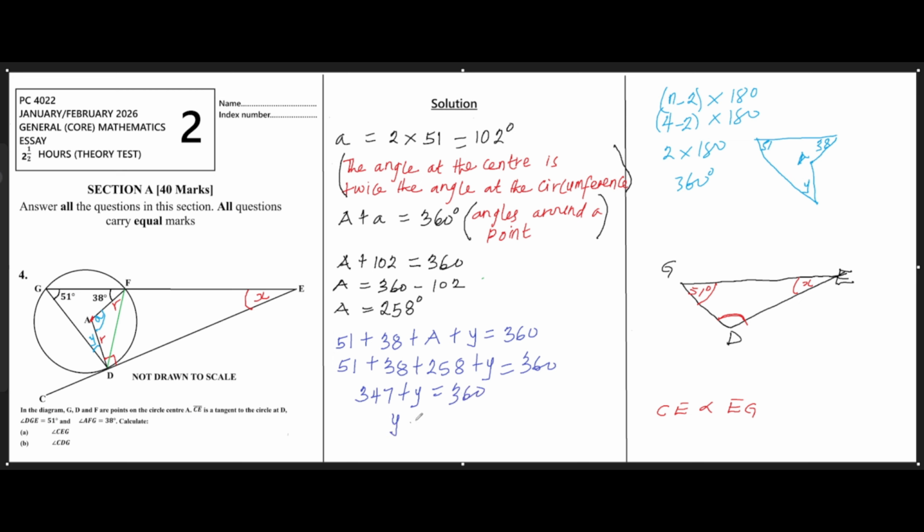So y is equal to 360 minus 347. So y is 13. Y measures 13 degrees.